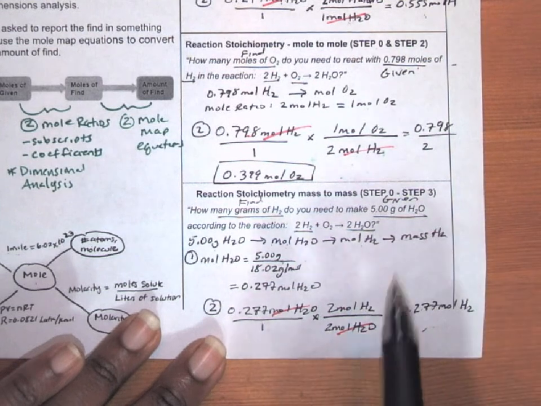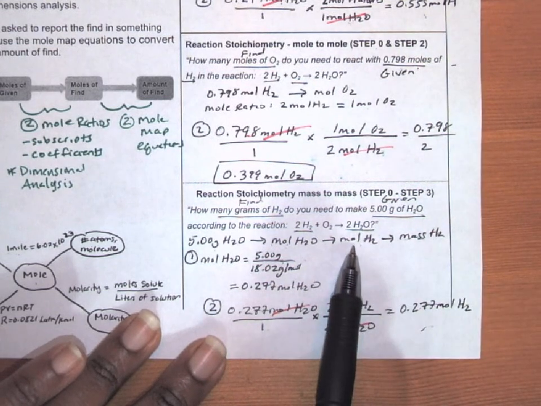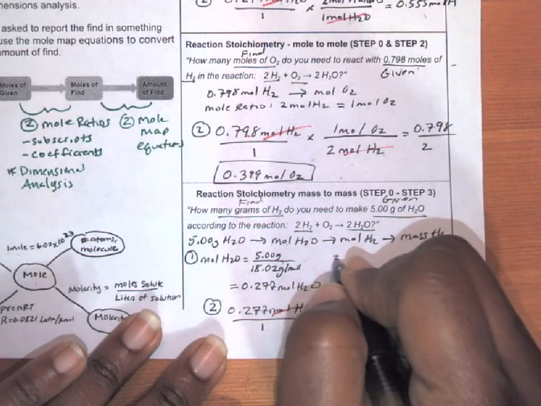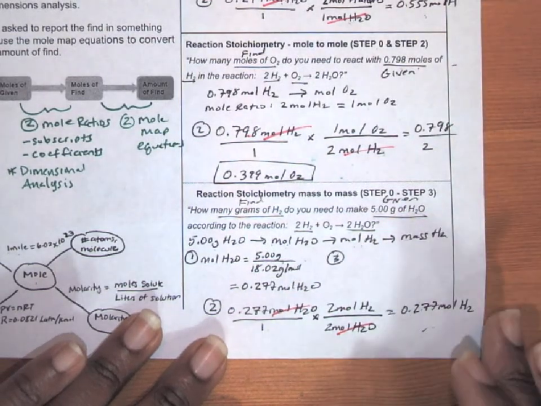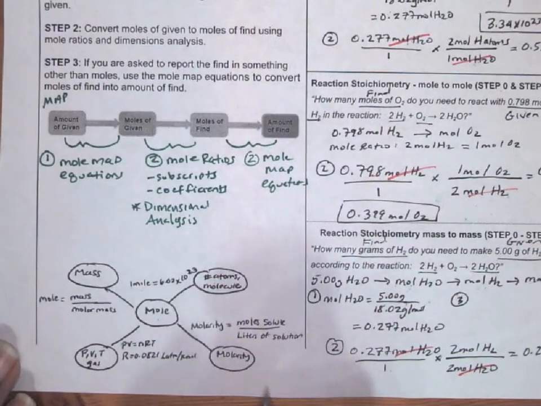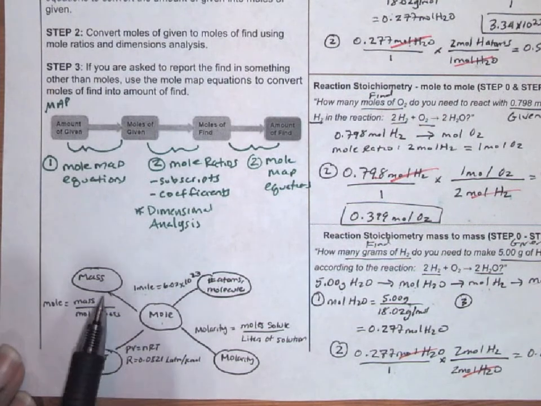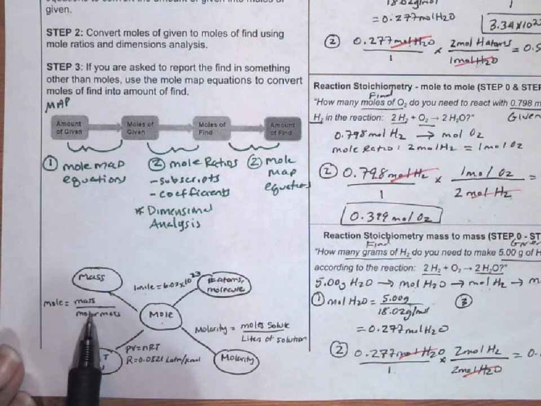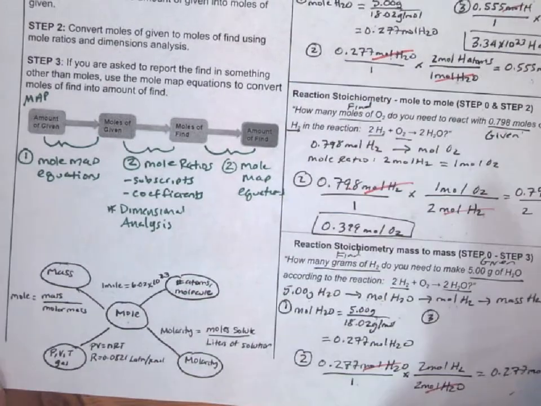All right, so now my next step is to go from moles of H2 to the mass of H2, and I'm going to do that in my third step here. And once again, I'm going to use the mole map, the equation that helps me to go from moles to mass, which is this equation here, mole equals mass over molar mass. Now in this case, I have the moles and I have the molar mass. I need to solve for the mass.